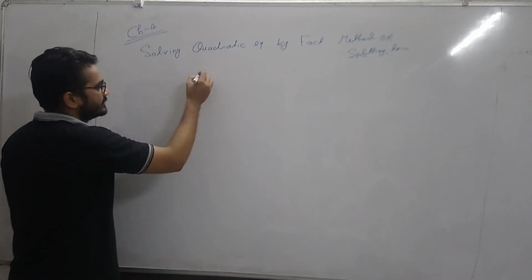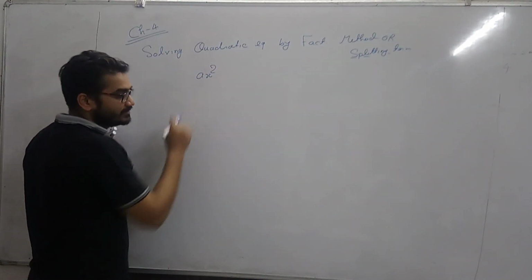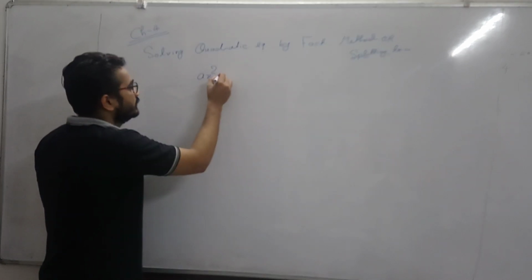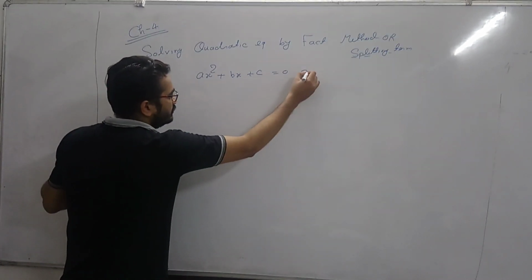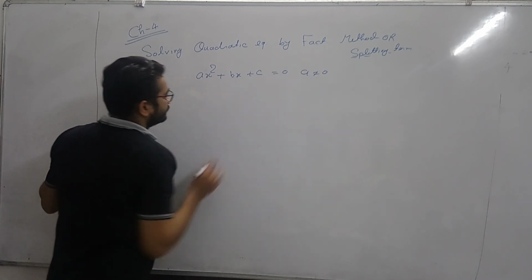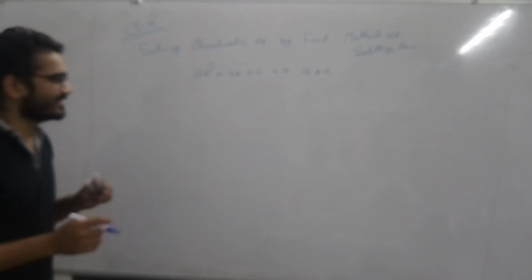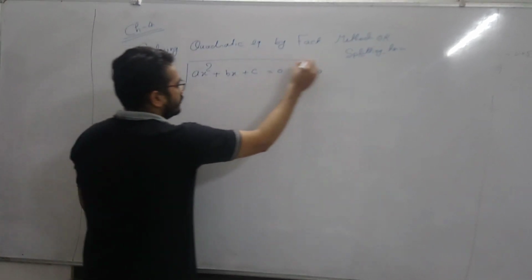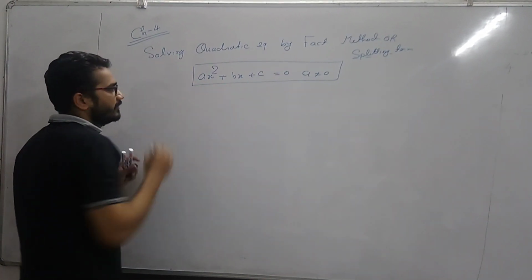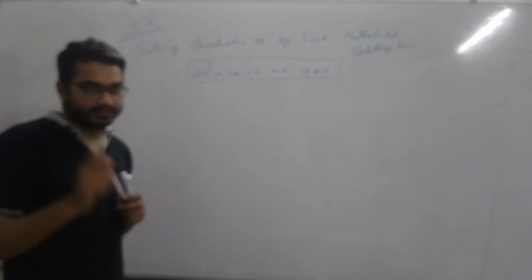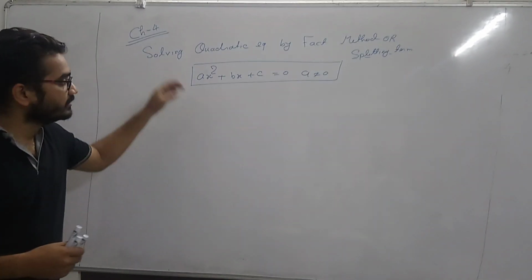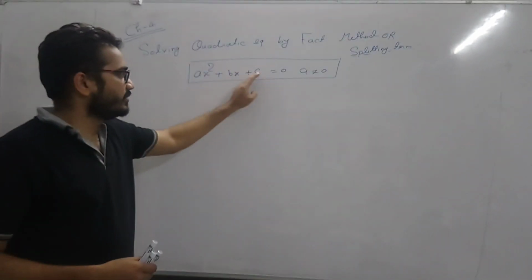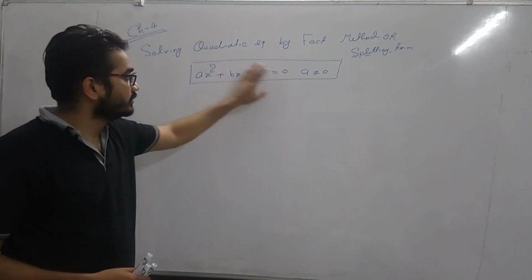The standard form of the quadratic equation is ax square plus bx plus c is equal to 0, where a is not equal to 0. Let us talk about three things which you should know about this topic. First, roots and zeros are the same.